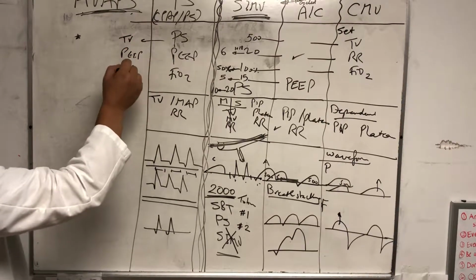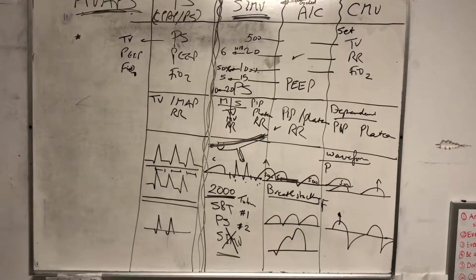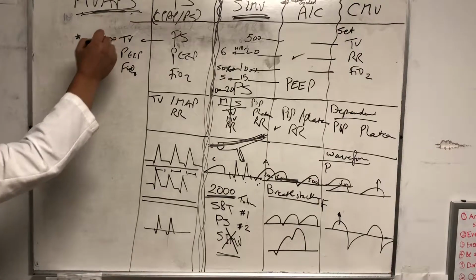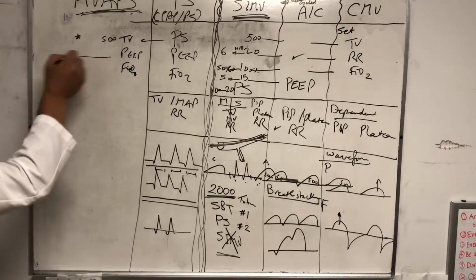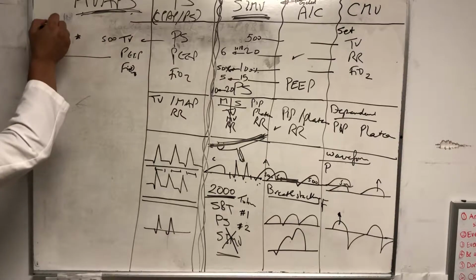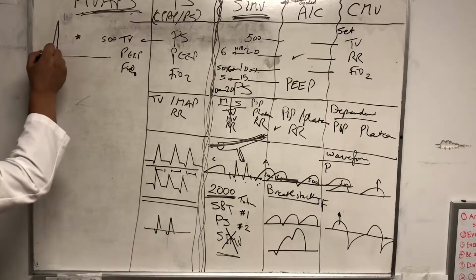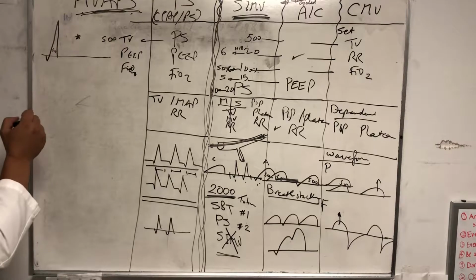So what it does is, instead of you ordering a pressure support, you order a tidal volume. Let's say you want a 500 tidal volume. The machine will give you a 500 tidal volume using pressure support. So we'll go like this, and we'll say, okay, the area under the curve is 500.